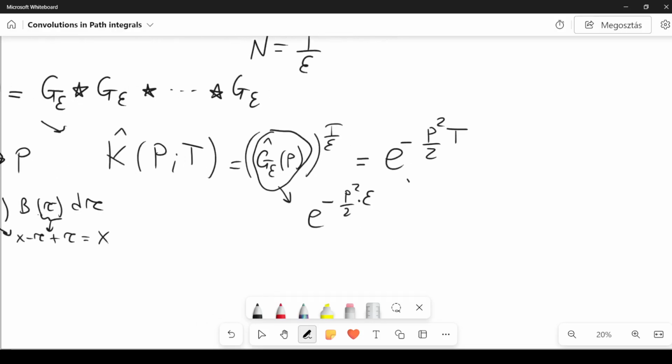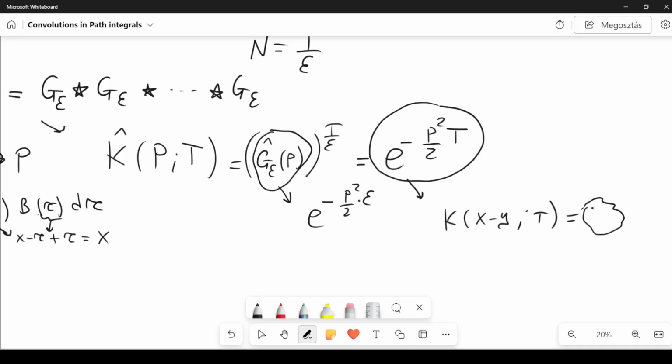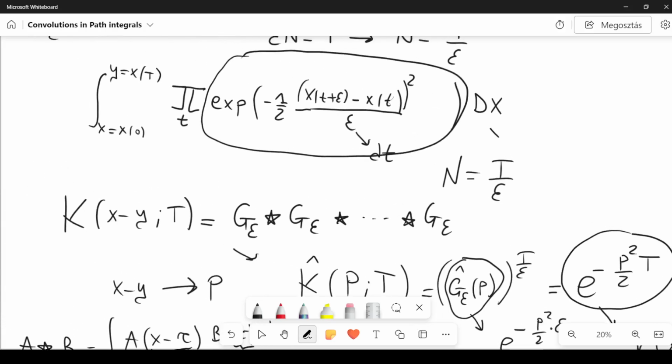Now, if we go back to our initial domain, so we have k of x minus y, t, we have to take the inverse transform of this, and basically we get some multiplicative factor here, because remember that we started from this path integral, so this dx is proportional to the product of differentials of the kind dx of t1, and in particular t1 was 0, so dx of 0, dx of 0 plus a small increment, which was epsilon, so dx of epsilon.